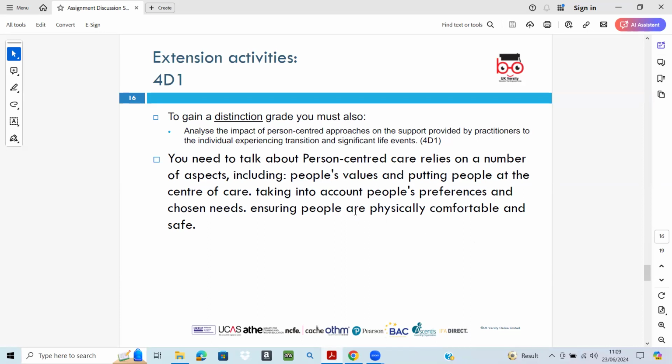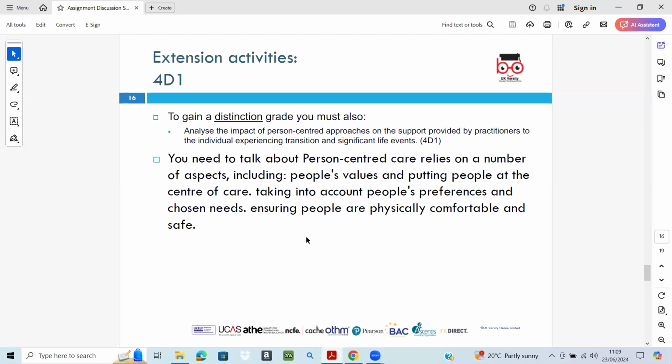Then we need to discuss taking into account people's preferences. We could discuss needs and comfort, and we can discuss that people are physically comfortable and safe.